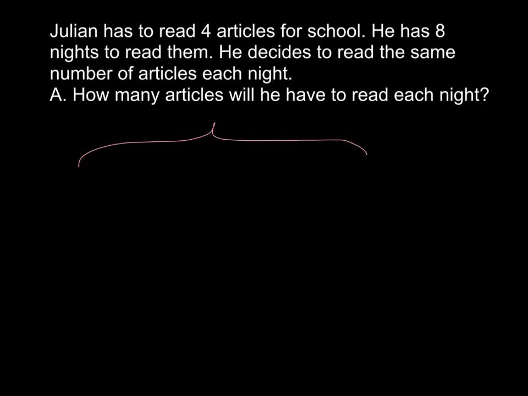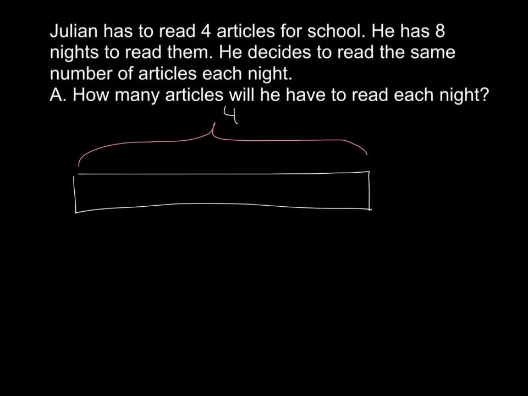And he has 8 nights to read them all. So we're going to take our whole and we're going to divide it into 8 equal parts. And we want to know how many articles will he have to read each night. That will be 1 part.